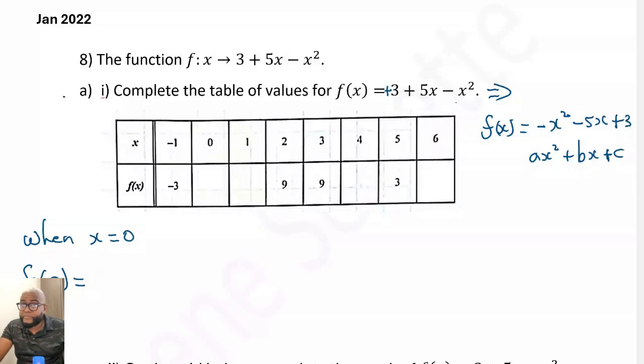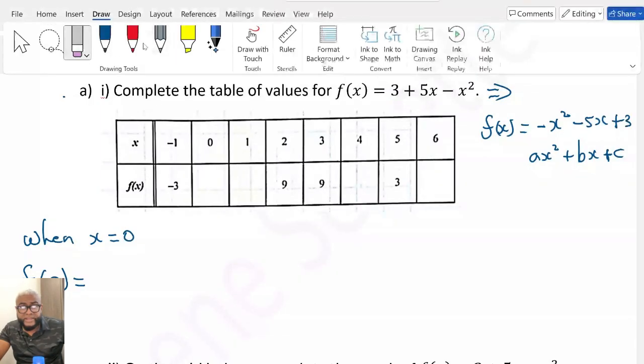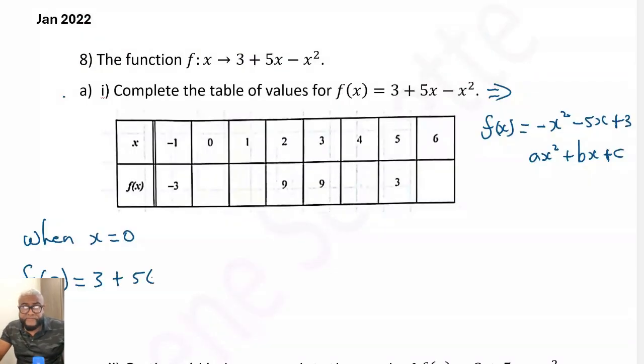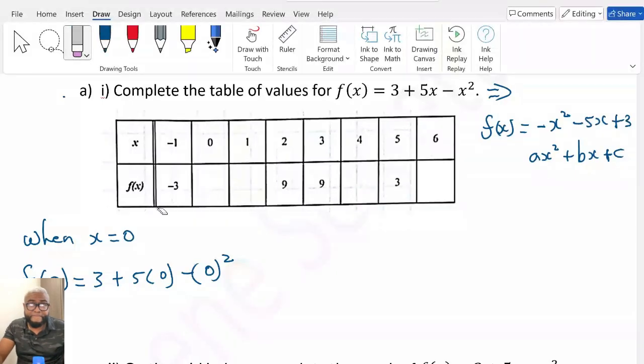Let me go with the order that CXC give, right? So it'll be 3 plus 5 by what? What's the value of x here? Minus x squared. What's the value of x? 0 squared. Everybody good there?